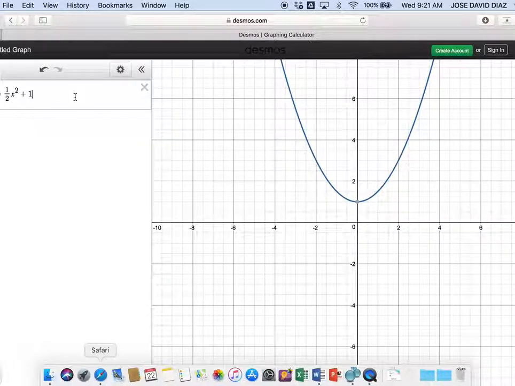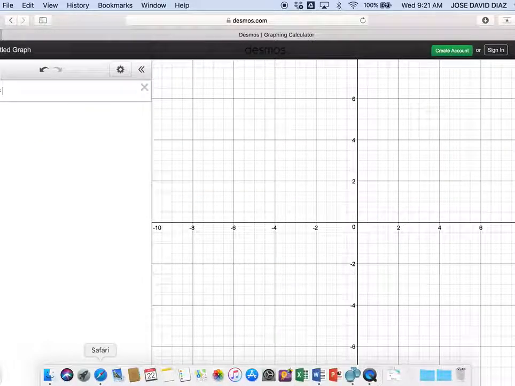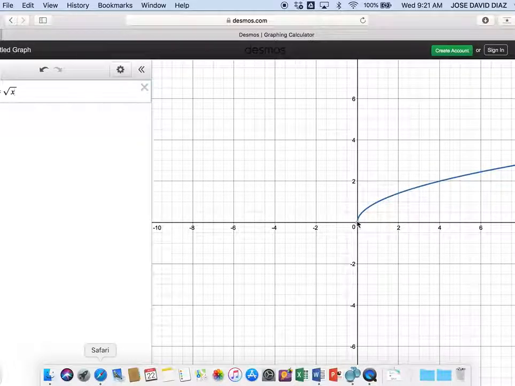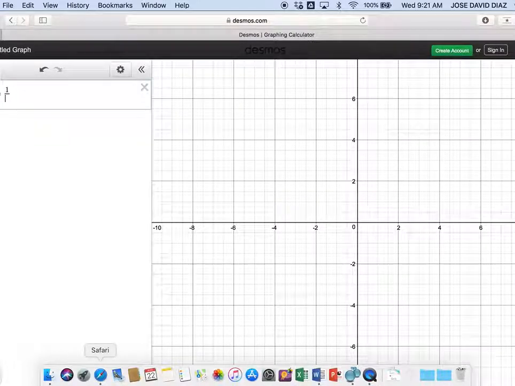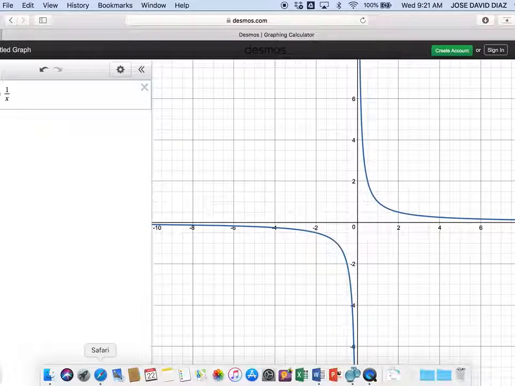Once we get to the square root of x, notice that your domain starts at 0 and goes all the way to the right, so all the numbers are greater than or equal to 0. And for 1 over x, you looked at rational equations.